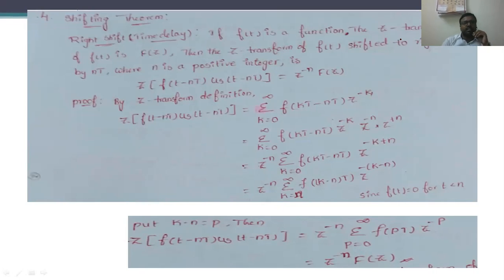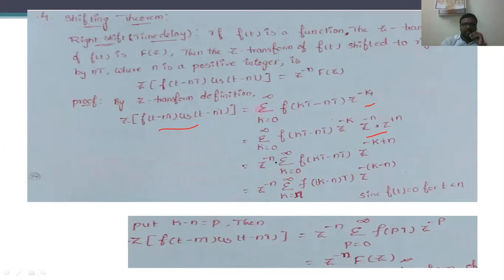That means with the definition of the z transform, the z transform of the function f of t minus nT u of t minus nT can be represented as sigma k equal to 0 to infinity f of kT minus nT into z power minus k, where t has been replaced with k into capital T. Let us suppose this function is multiplied with z power minus n and z power n.